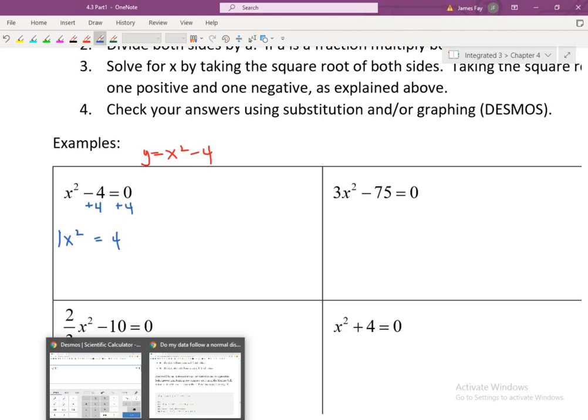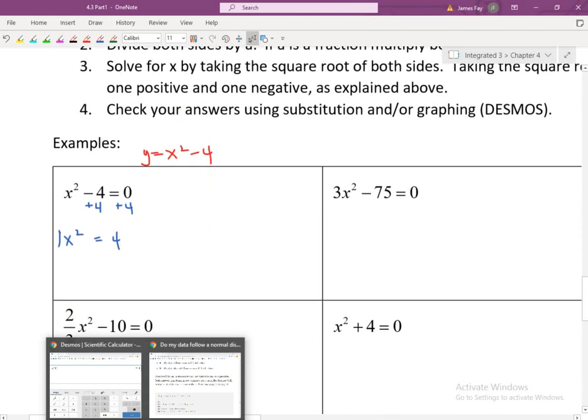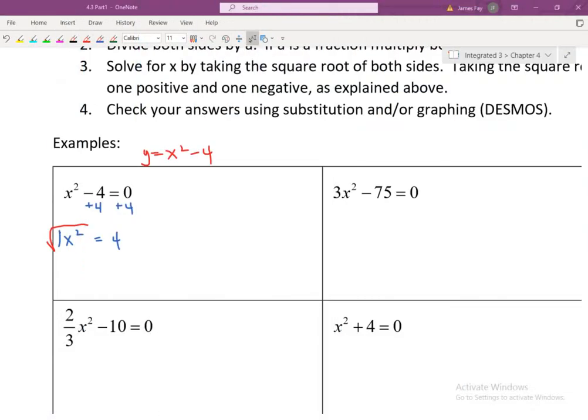Right now it says step 3, solve for x by taking the square root of both sides. So I take the square root of x squared, and then I'll take the square root of 4. Remember, the square root of x squared is a symbol for the number that I multiply by itself 2 times to get x squared.